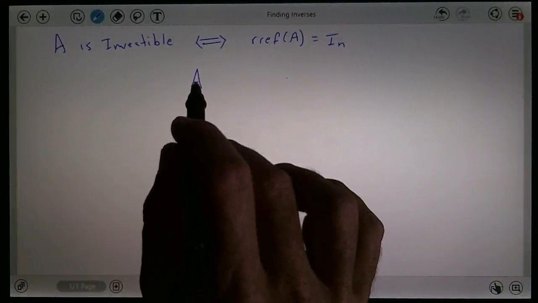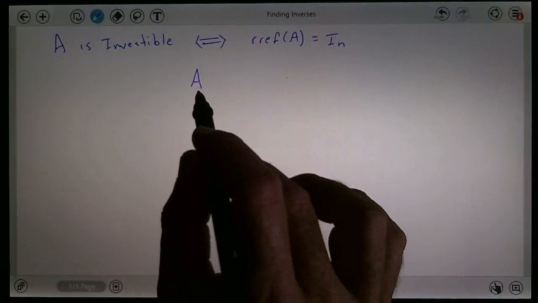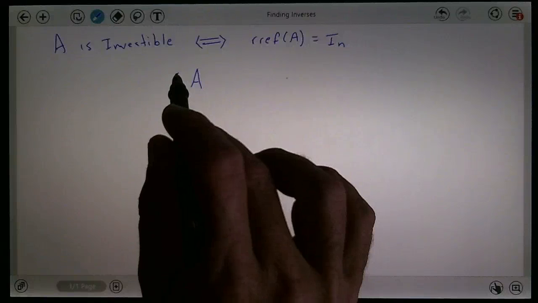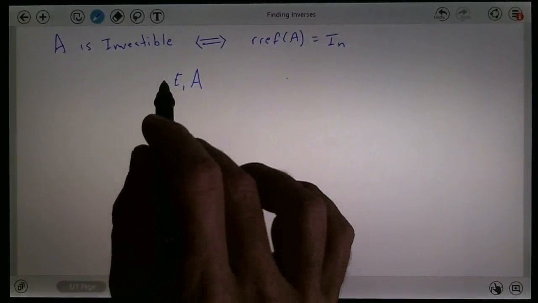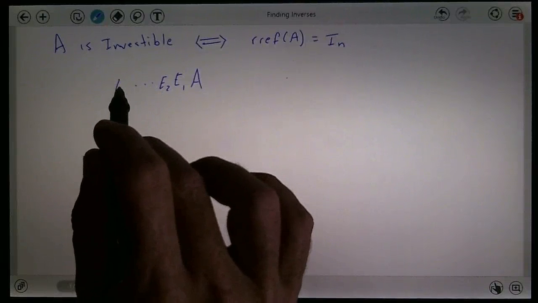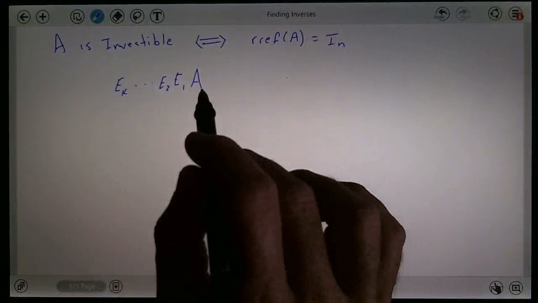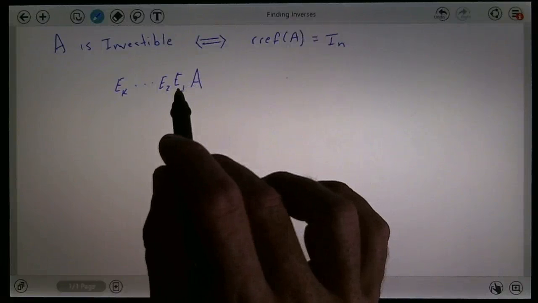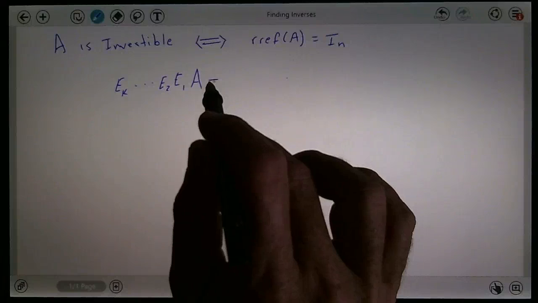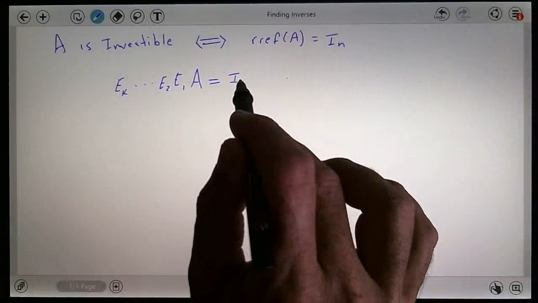So rather than just saying I'm going to do some row operations, I'm going to represent each of those as multiplying by an elementary matrix. So there's some sequence, E1, E2, all the way up to EK, that correspond to row operations that you're applying to A, with the end result being the identity matrix.